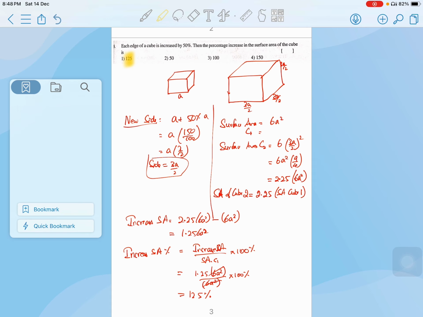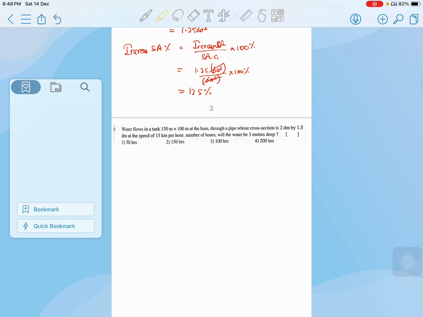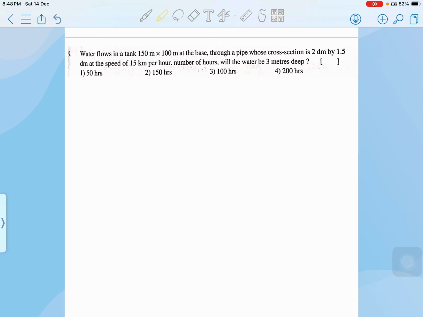Next one, 10th question, not 10th one, 9th one. Water flows in a tank 150 cross 100 meters at the base through a pipe of a cross section 2 decimeter by 1.5 decimeter at the speed 15 kilometers per hour they gave.